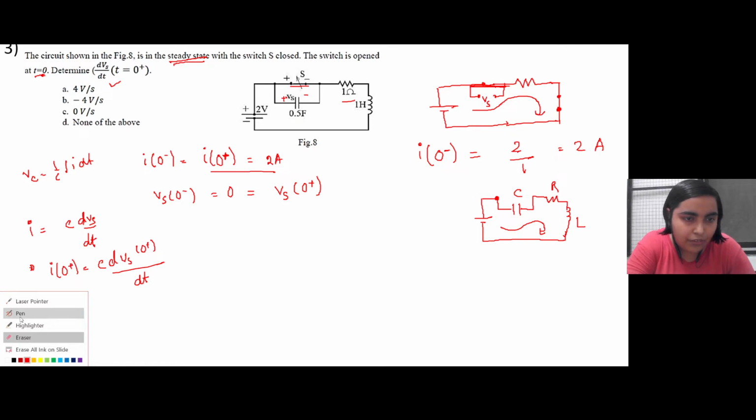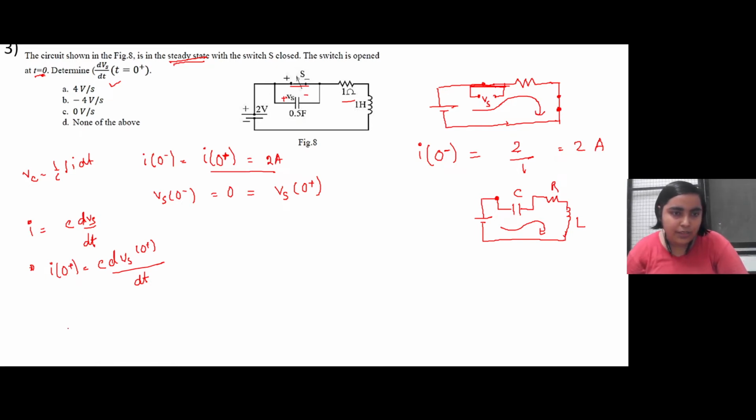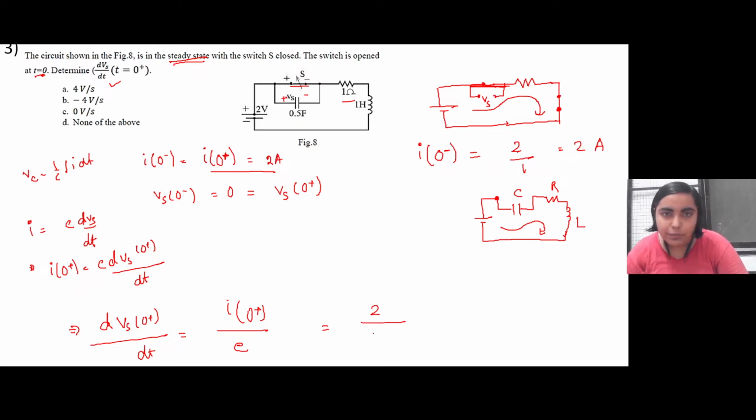So from this equation, you can find dVs of 0 plus by dt, which will be equal to I of 0 plus by C. I of 0 plus we have already found to be 2 ampere, and C here is 0.5 farad. So it is 2 by 0.5, equal to 4 volt per second, since it is dV by dt. So the correct option will be option A.